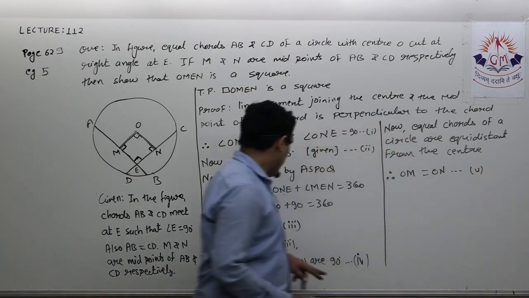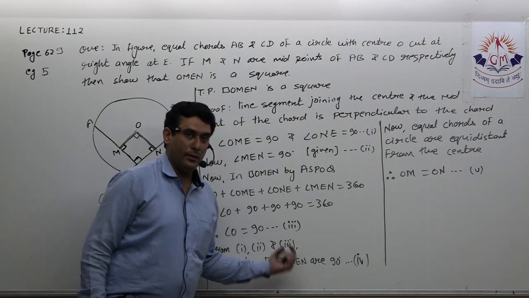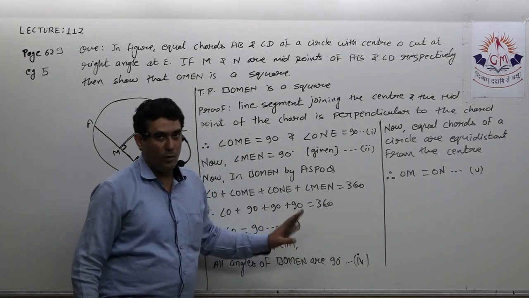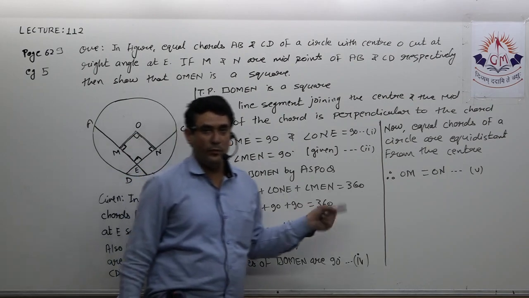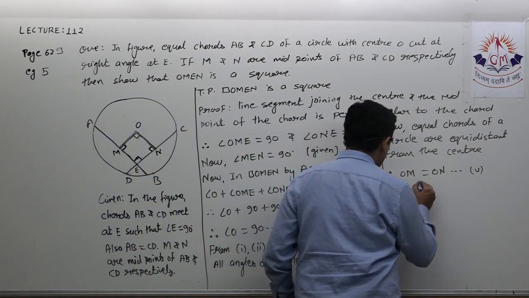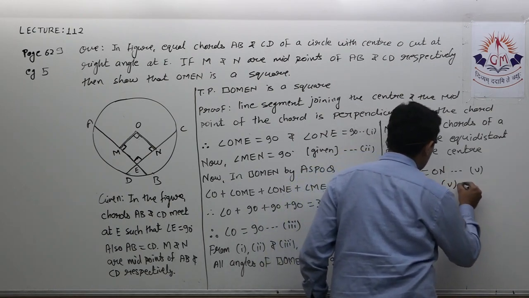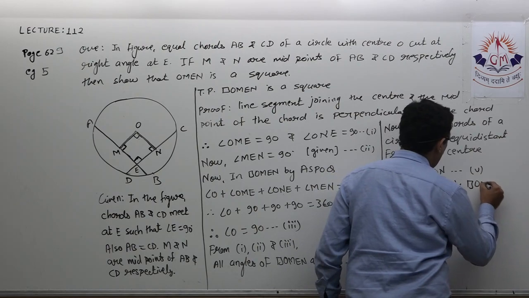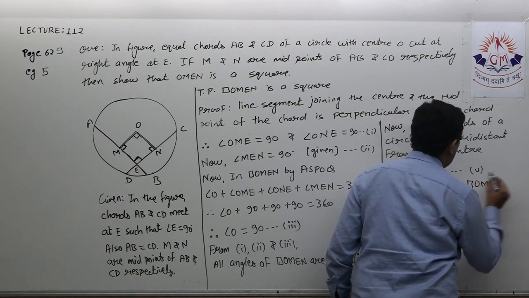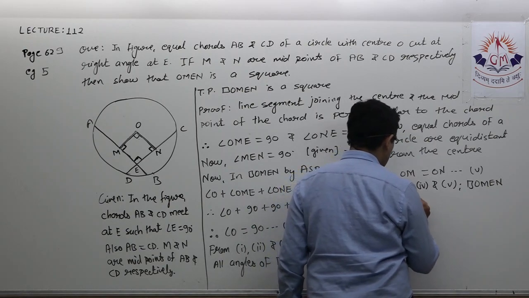So now from fourth and fifth we can say OMEN is a quadrilateral having all angles 90 degree and one pair of adjacent sides equal.